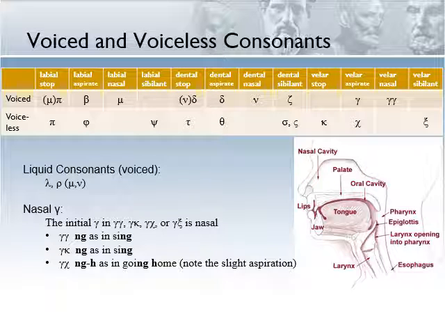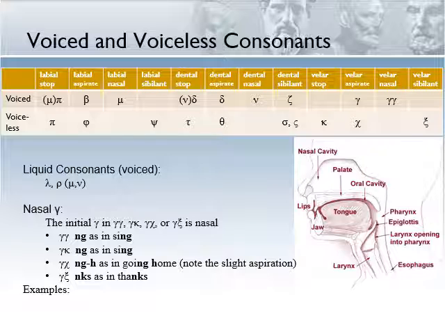Just a slight aspiration there. A gamma followed by xi is going to be an ng followed by a ks. It's a nks, as nks in thanks. So these are nasal gammas, where the first gamma combines with the following velar, and you'll have that ng sound when they're pronounced.